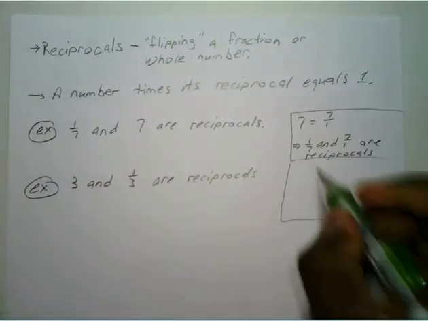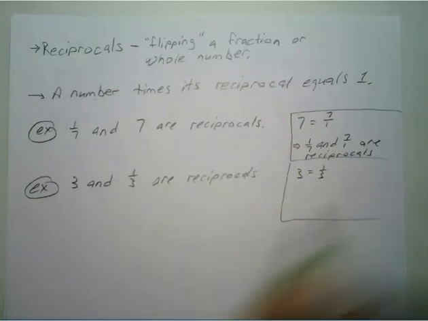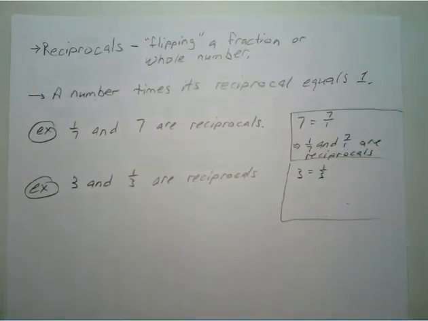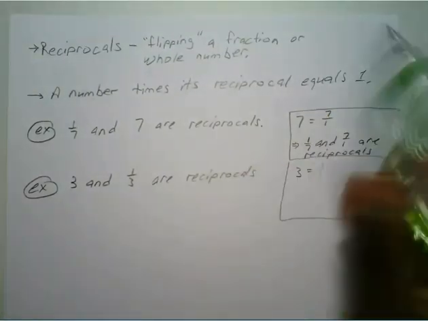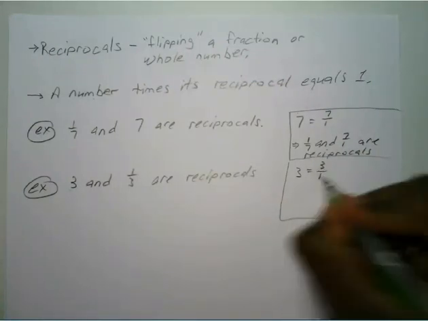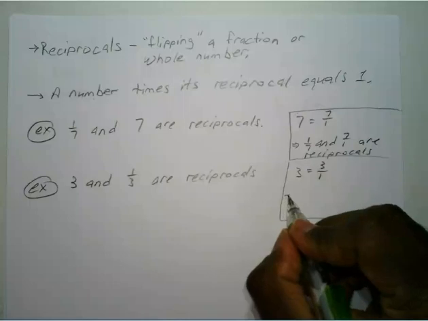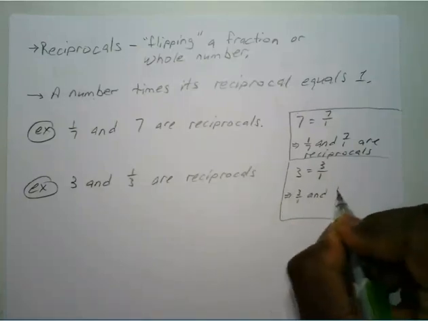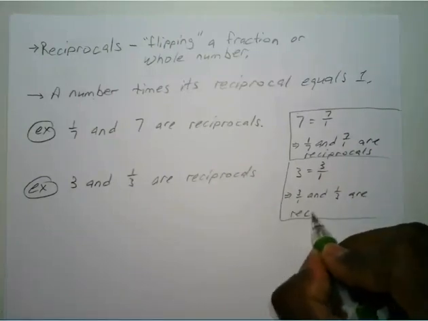Okay, so if we look at that, we know that 3 is equal to 3 over 1, sorry, I'm thinking ahead and making mistakes. So 3 over 1 and 1 over 3 are reciprocals.